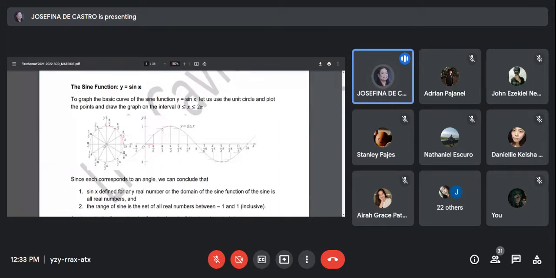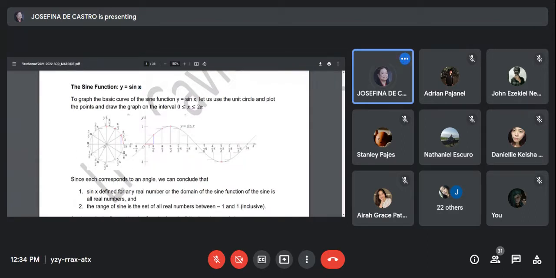So, if you were to give the coordinates of that point, that is (pi over 3, square root of 3 over 2). That's how we give the coordinates if we're using the unit circle being spread out in the Cartesian plane.